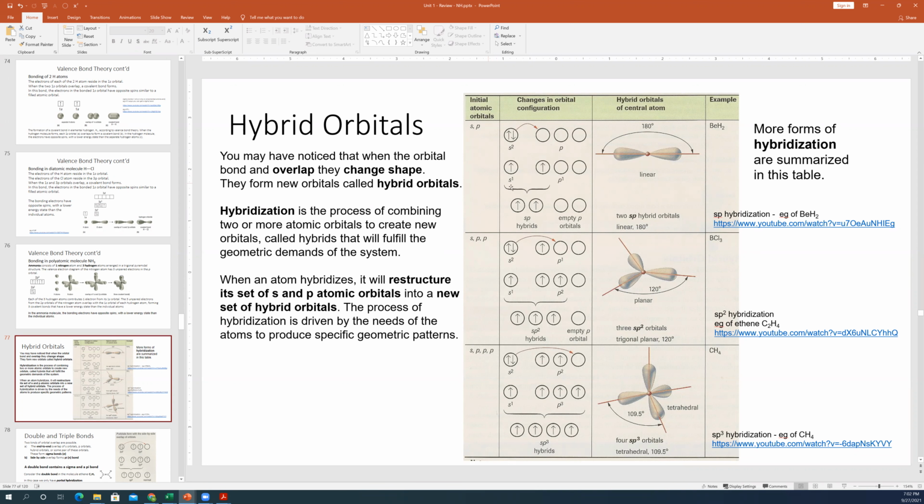In that case, you have hybridized sp orbitals. The sp hybrid orbitals have a different energy level, and there are 2 of them, and they will have this linear 180-degree geometry. This is an example in beryllium hydride.